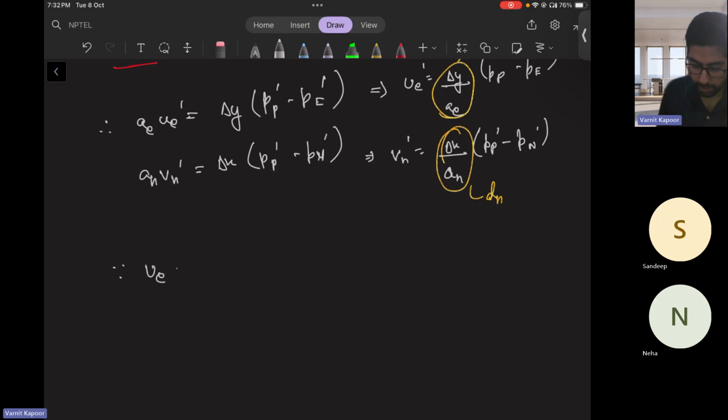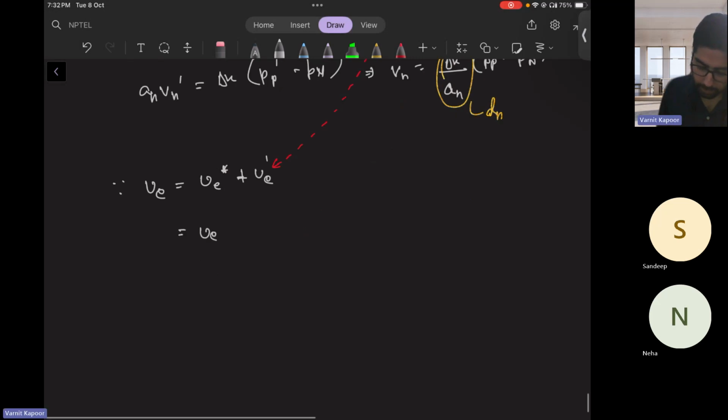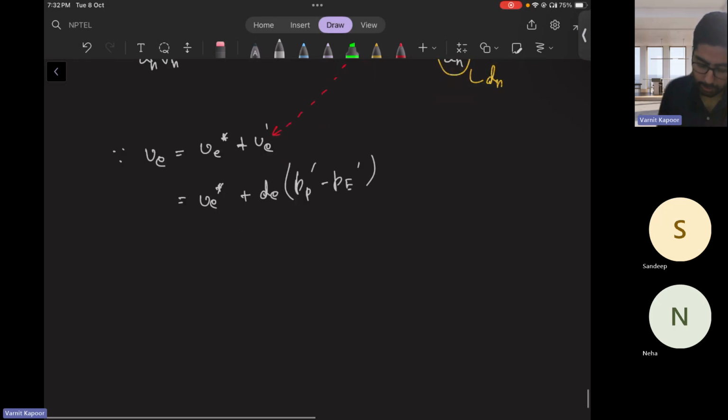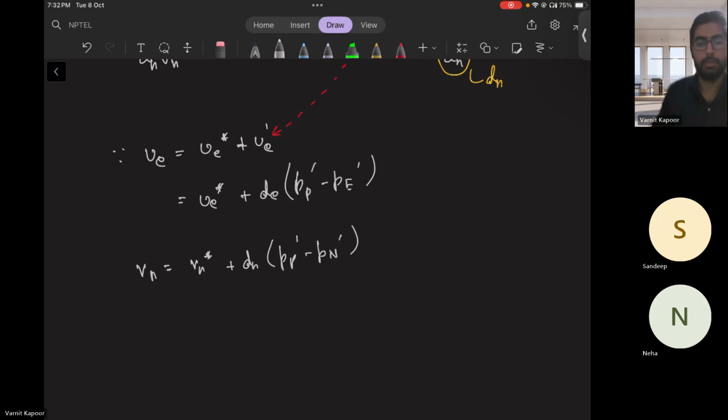Since U east can be written as UE star plus U dash, put the U dash, UE dash, that will be UE star plus PE, PP dash minus PE dash. Similarly, V naught will be Vn star plus P naught, PP dash minus. Okay, now you have got U and V.